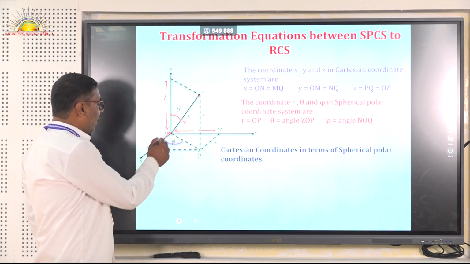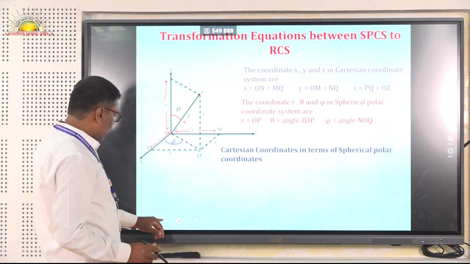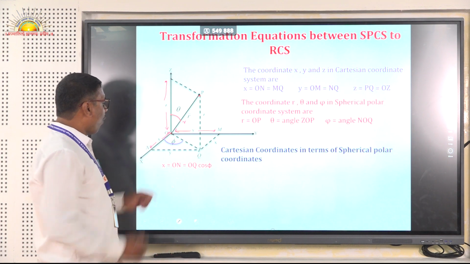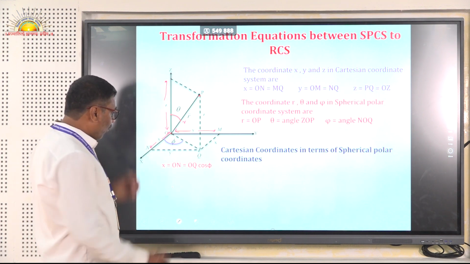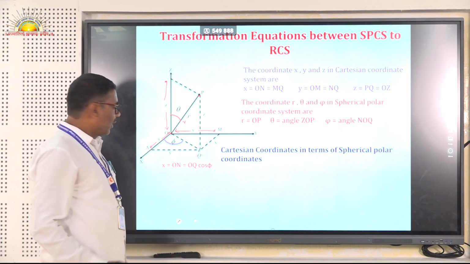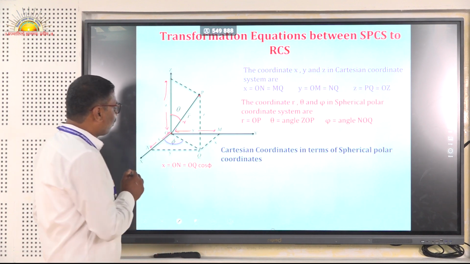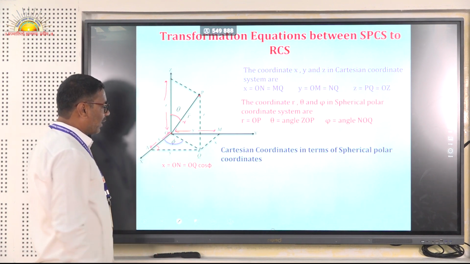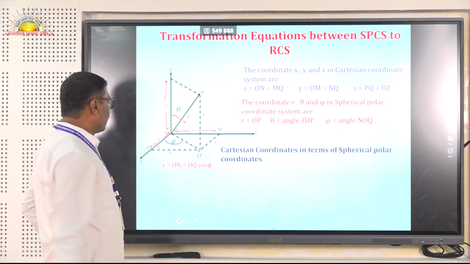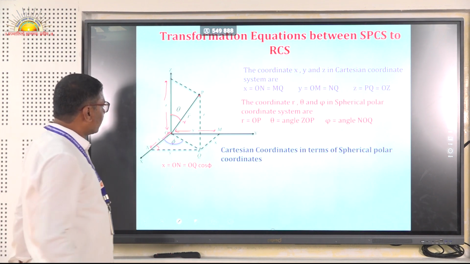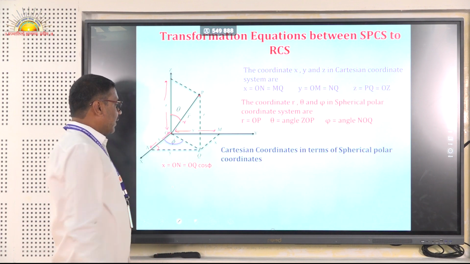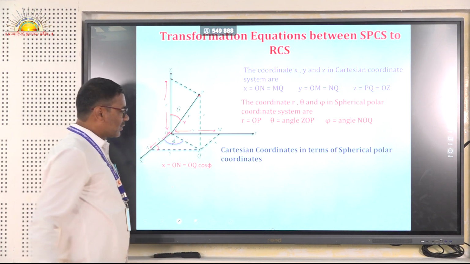So the coordinate x is ON, and ON is OQ cos phi. We want to find ON, so this is the right angle. With this angle phi, the adjacent side is x.